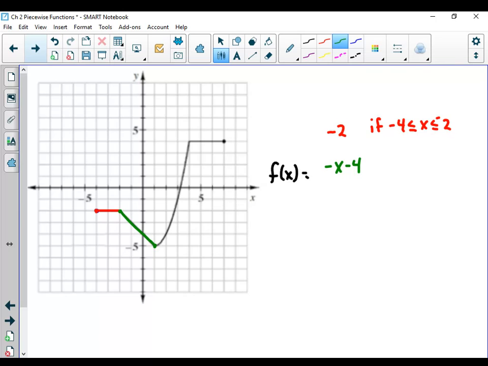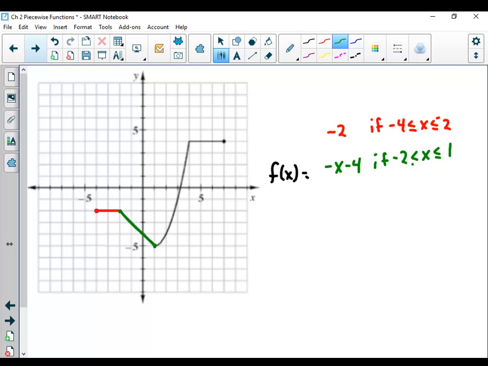Well, where does that happen? From where to where? Think about x values. I think we went over too far. Where did my green line start? -2.